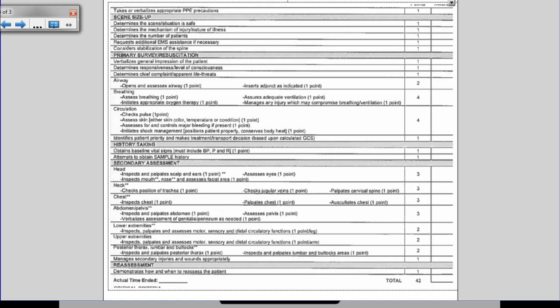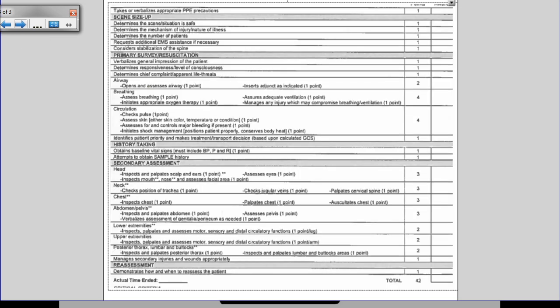Then the chief complaint and apparent life threats. He responds to pain, he's definitely not alert, so it's going to be hard to get a chief complaint. The life threat in this case will be the blood. We have to find out where that is coming from.